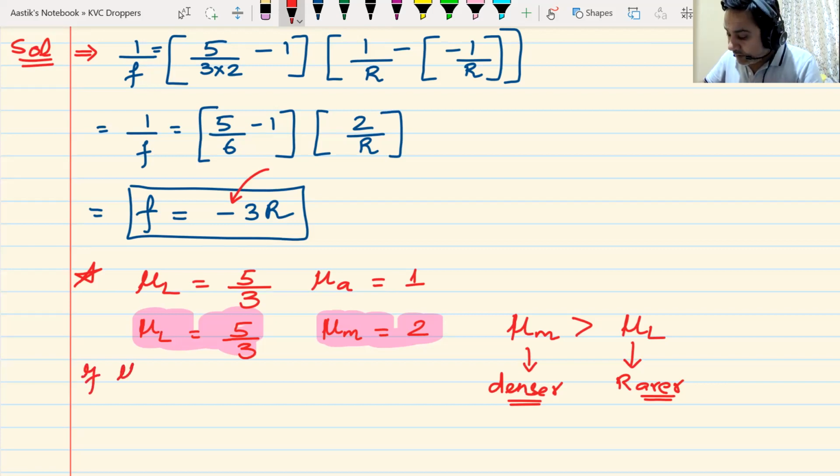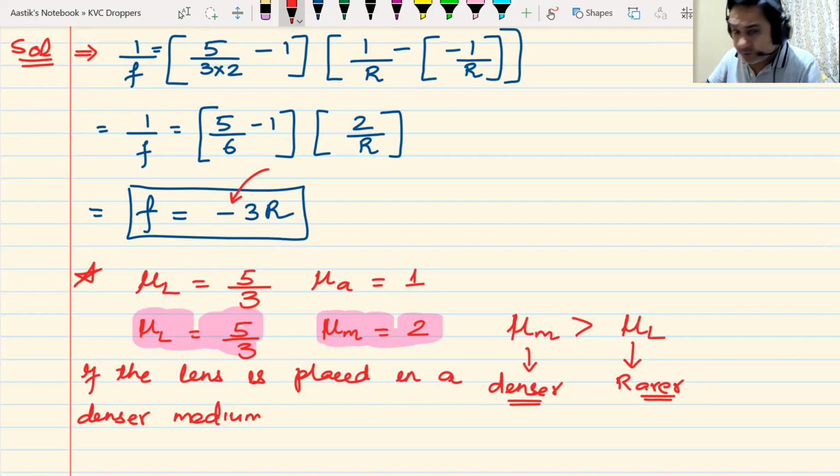Yes, sir. If I place the lens in a denser medium, and that is the point that you will write, if the lens is placed in a denser medium, what happens? Can anyone complete this statement? If the lens is placed in a denser medium, then what happens?